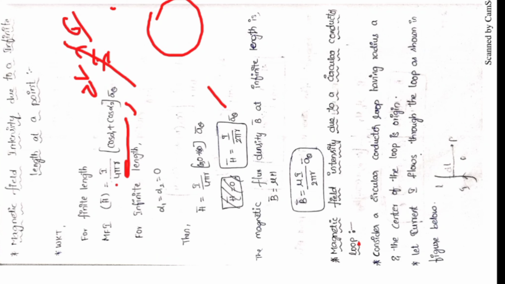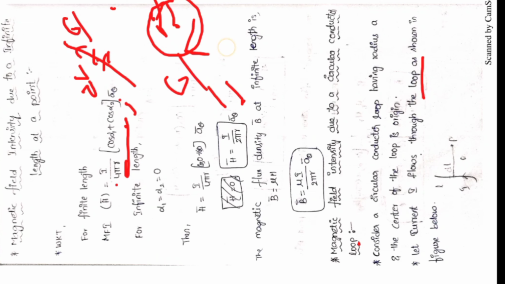If it is infinite, alpha 1 and alpha 2 become 0, and you get I by 2 pi r a theta. The unit vector is a theta. If the same conductor is bent into a loop having radius a, then the current entering this loop is I, as shown in the diagram.